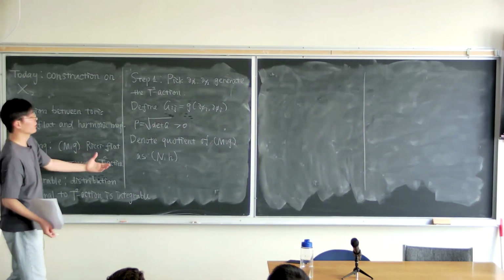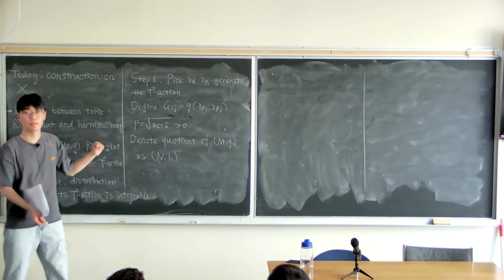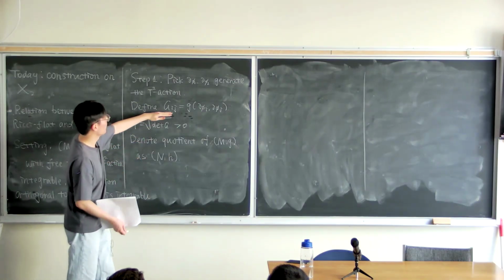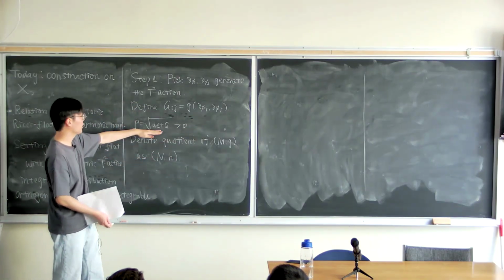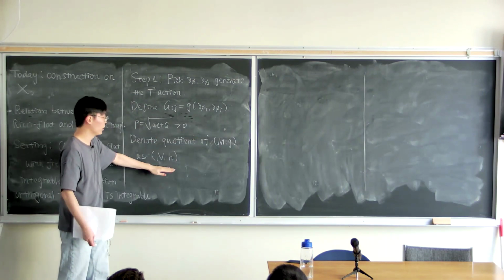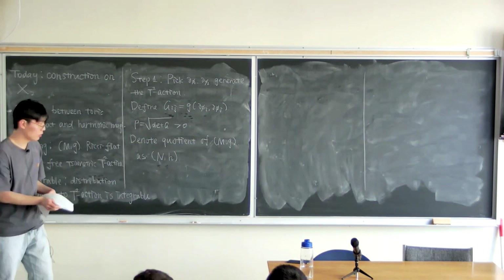So basically, I'm doing nothing here. I'm just introducing some notation. This G will be the metric on the torus, rho is the square root of the determinant, and NH is the quotient.